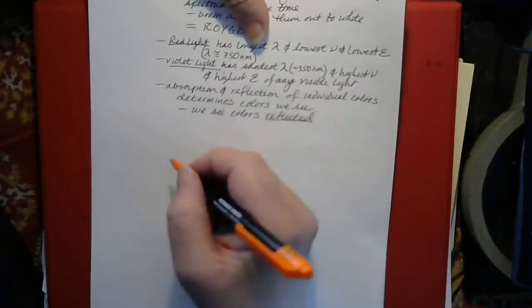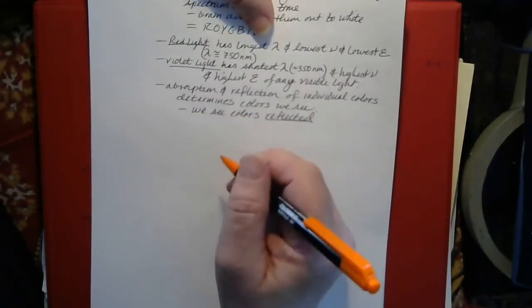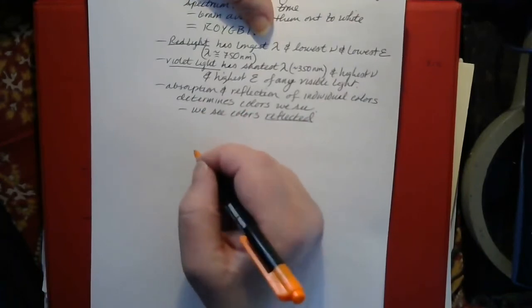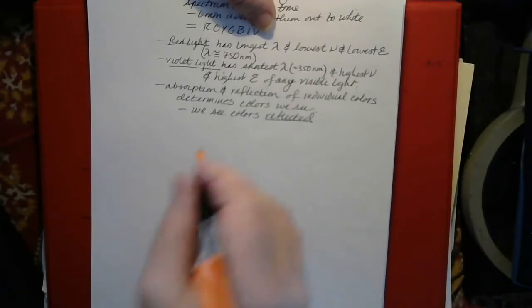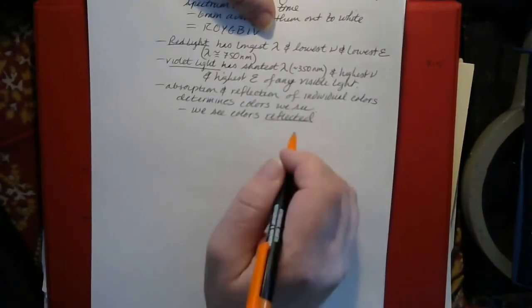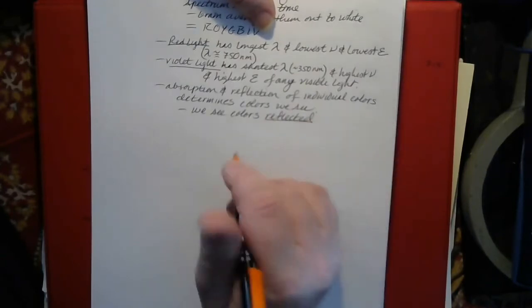If a color is absorbed by an object, we don't see it, because that particular color of light goes into the object but doesn't come back out again. In order for us to see it, it has to come back out and hit our eyes. So we see colors that are reflected from objects, like solid objects.